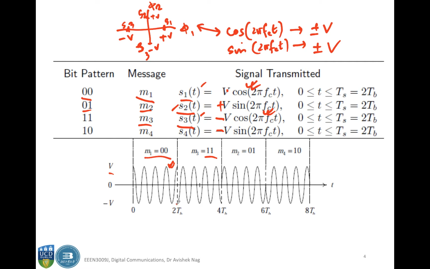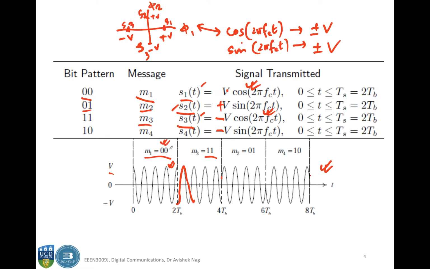So it starts from here. And when you have 0 1, you have the sine function, which is the 90 degree phase shifted version, so it's here. And then when you have 1 0, you have the minus sine function. So in this way the time domain signal propagates depending on these bits.